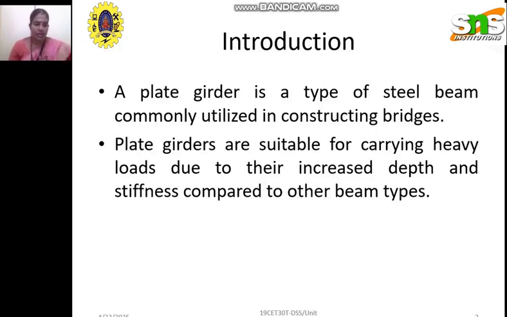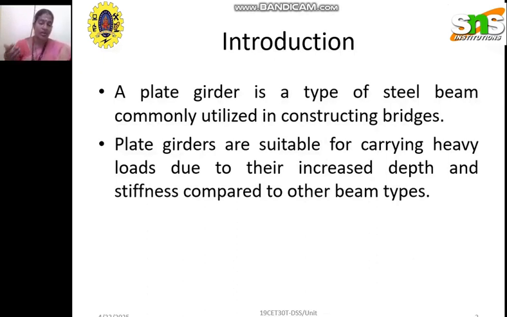This is one type of steel beam, and mostly it is used for constructing bridges. The reason for using the plate girder is that it is suitable for carrying heavy loads. If you increase the depth and stiffness compared to normal beams, we can go for longer spans also.